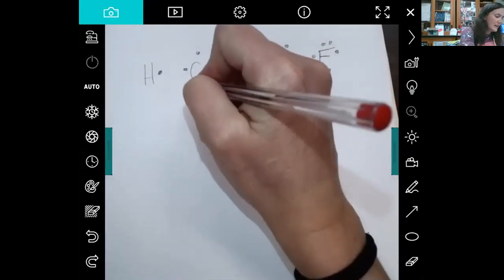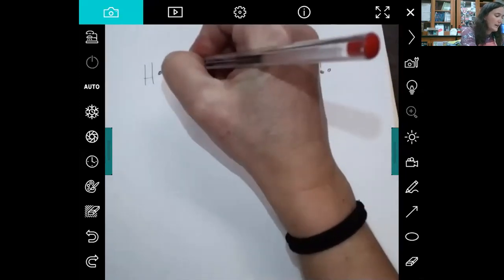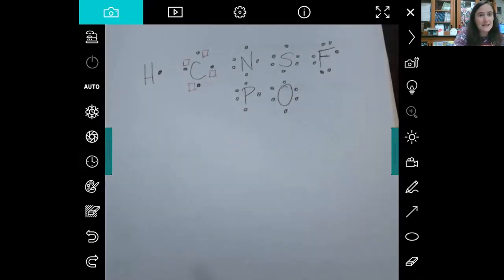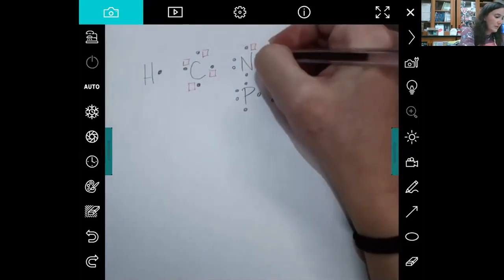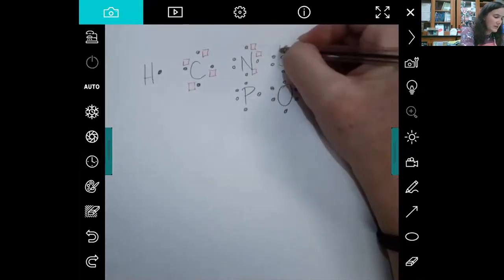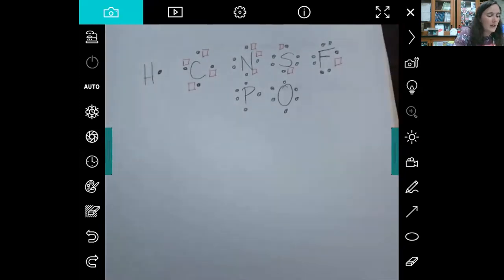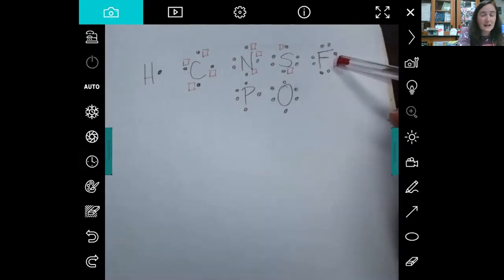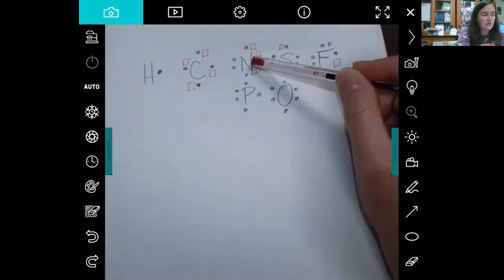So we can see carbon has blanks here, here, here, and here. These are its open spaces where it can take an electron. Nitrogen has 3 blanks. Same with phosphorus. Sulfur has 2 blanks. And fluorine, chlorine, bromine all would have 1 blank. So that's why this is a -1 charge if we're doing ionic, why this is a -2 charge, why this is a -3 charge, okay?